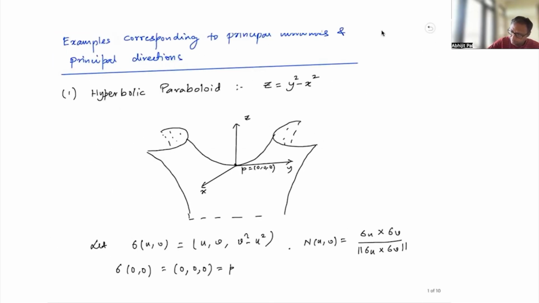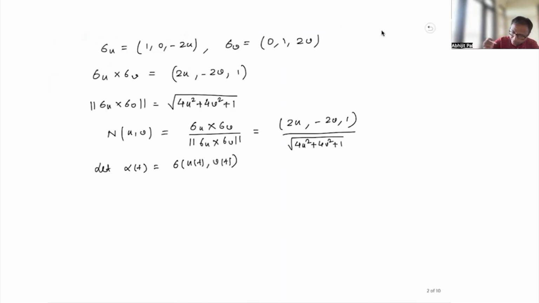So this alpha is a curve in this surface such that alpha(0) is equal to P. And we know the definition of this sigma.